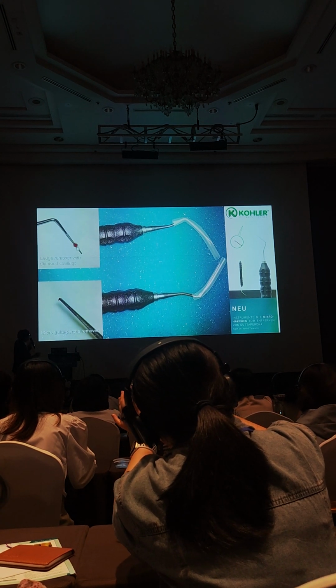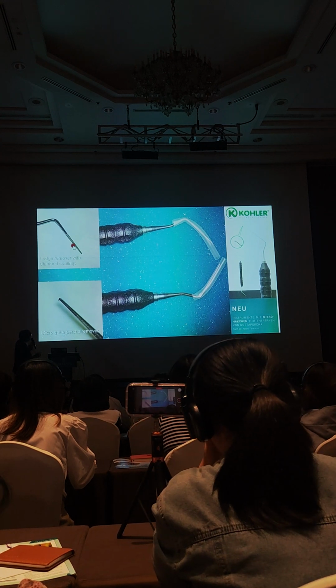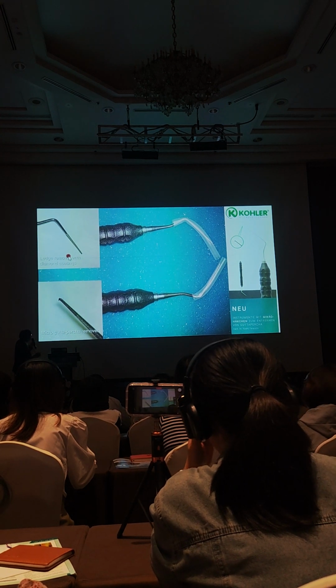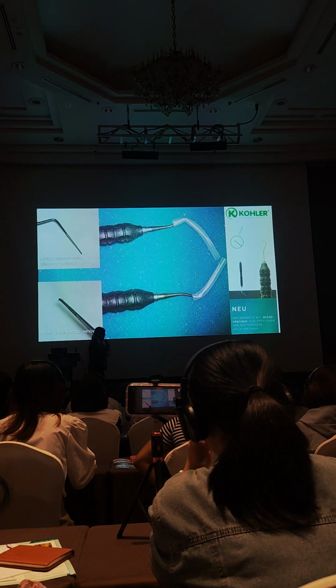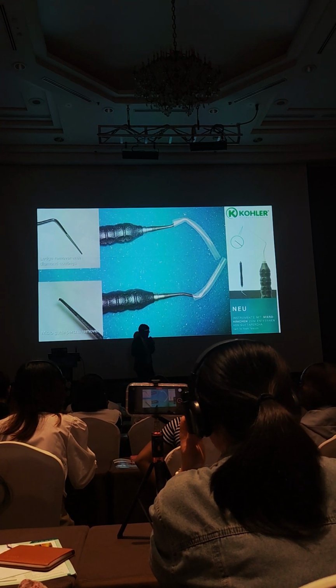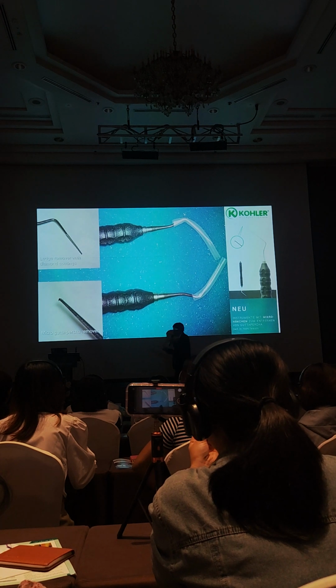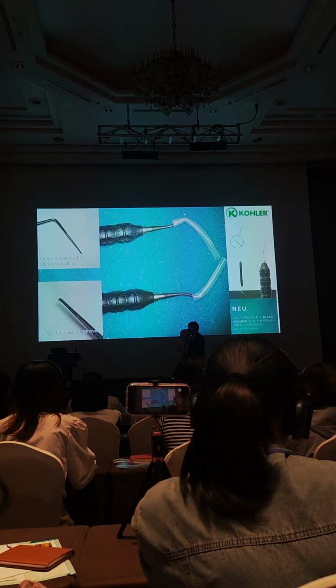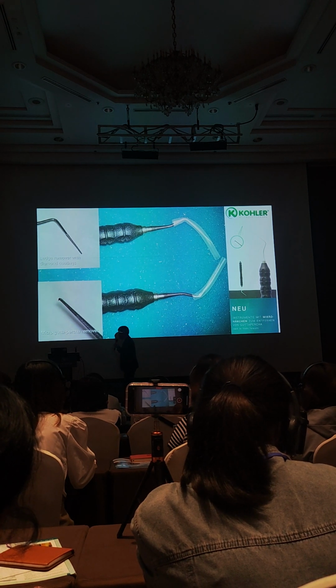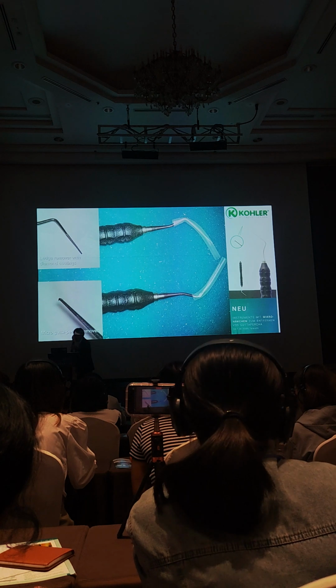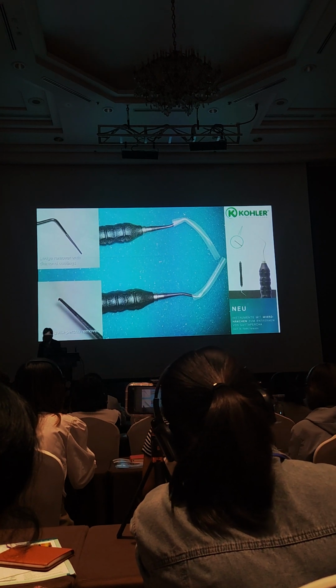And this is another instrument with a diamond coating at the tip. So you have a rough surface on the tip. Use the rough surface with a diamond coating to remove or scrape the gutta-percha fillings on the root canal walls. This is how I remove the gutta-percha manually under the microscope.